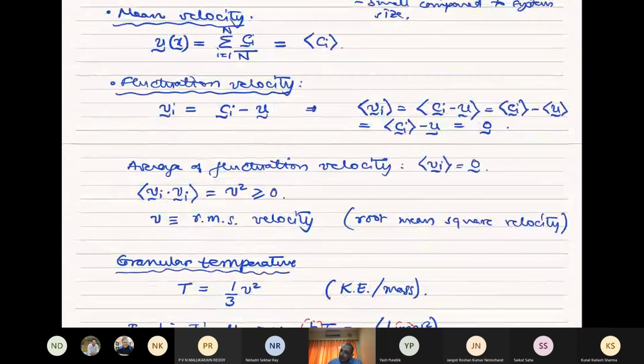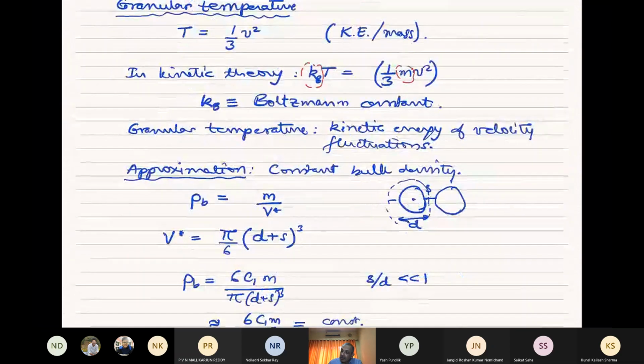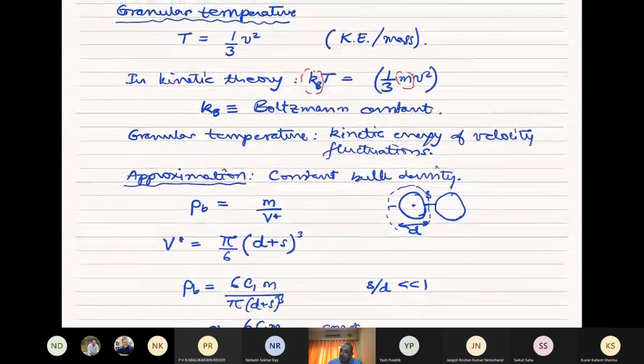We define a mean velocity u and a fluctuation velocity v. The average of the fluctuation velocity is 0, but the average of the velocity squared is not 0. We call that the RMS velocity. And then the temperature is just the RMS velocity squared divided by 3. That's very much like the temperature defined in kinetic theory.